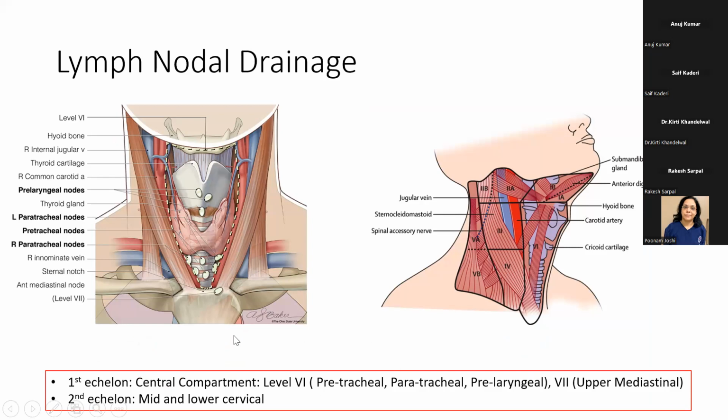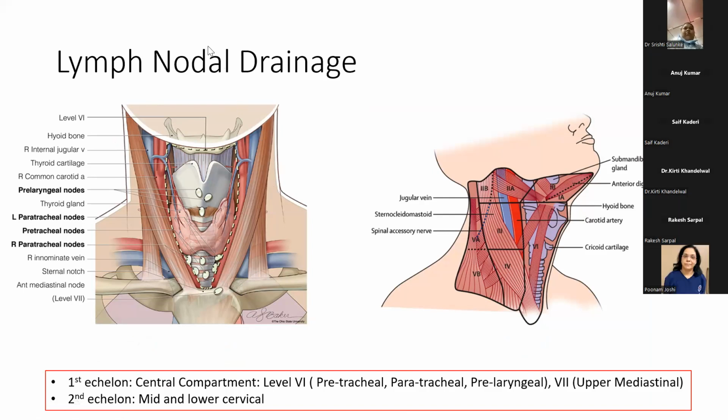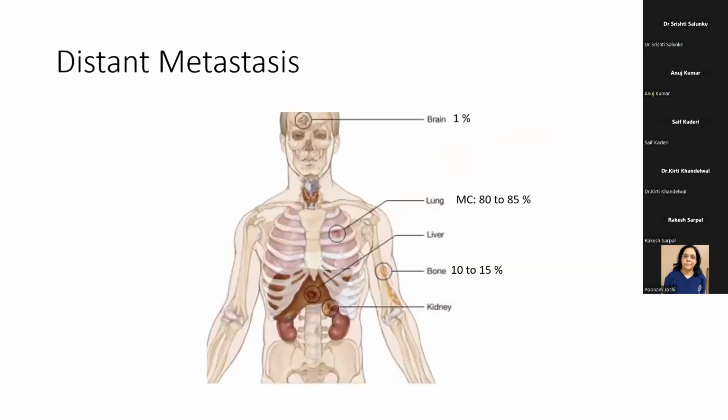For the second echelon, we have the middle and the lower cervical nodes. So when the thyroid cancer has a lymph nodal spread, it goes to the central compartment first, followed by the other lateral deep cervical nodes. Coming to the distant metastasis, lung is the most common site of distant mets, followed by the bone and brain.